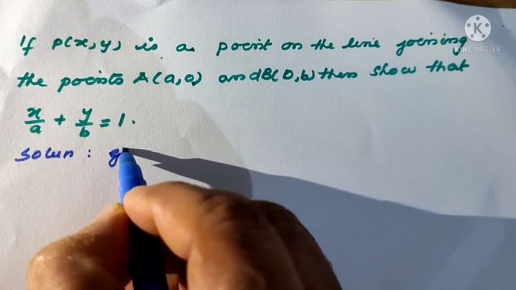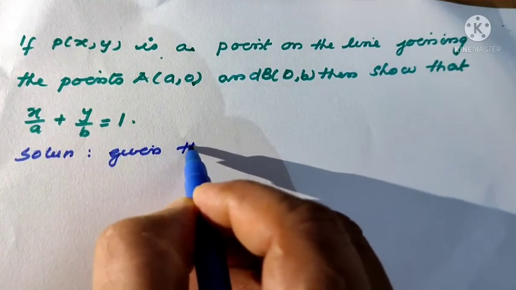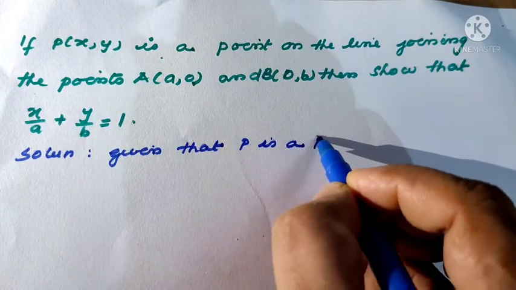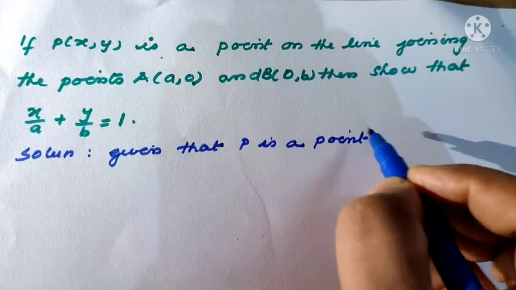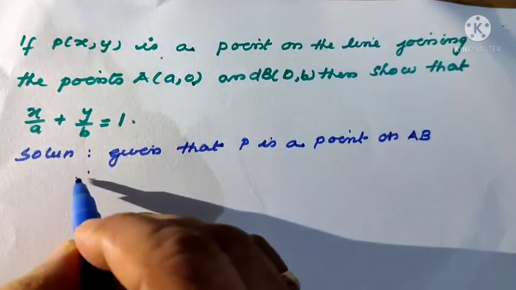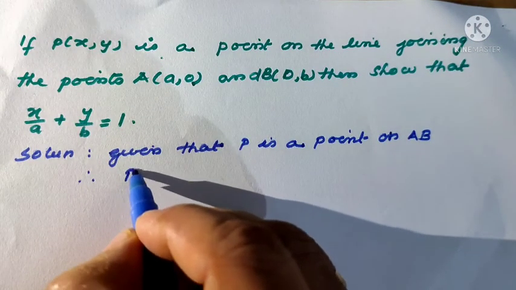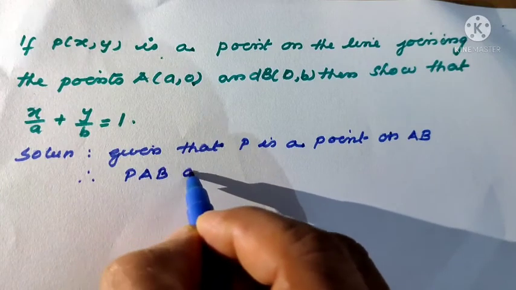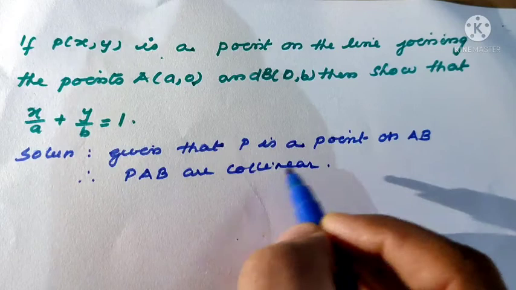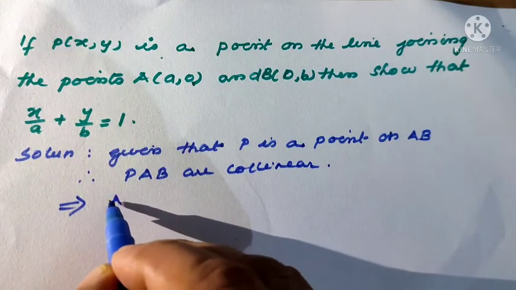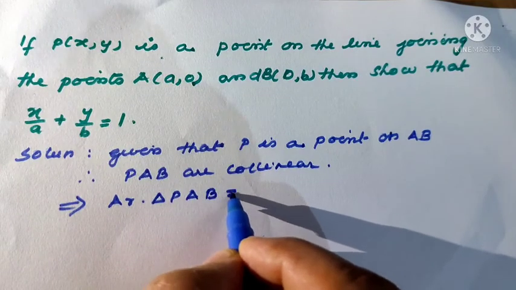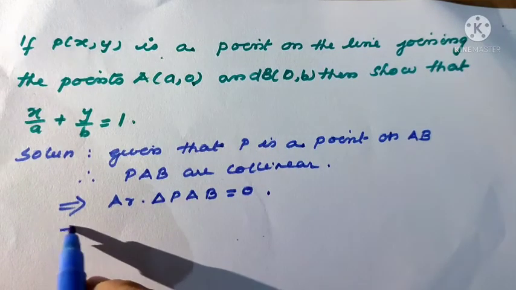Given that P is a point on AB, that is P, A, B are collinear. If they are collinear, means area of the triangle PAB equal to 0, right?